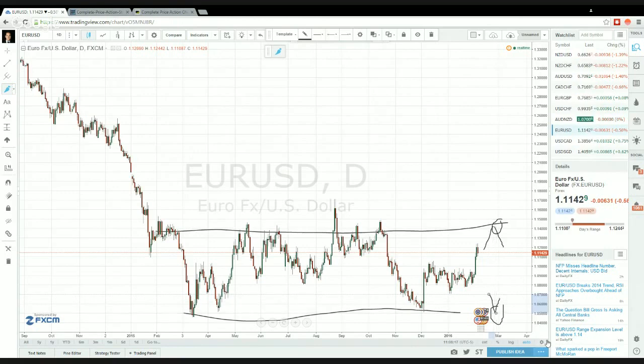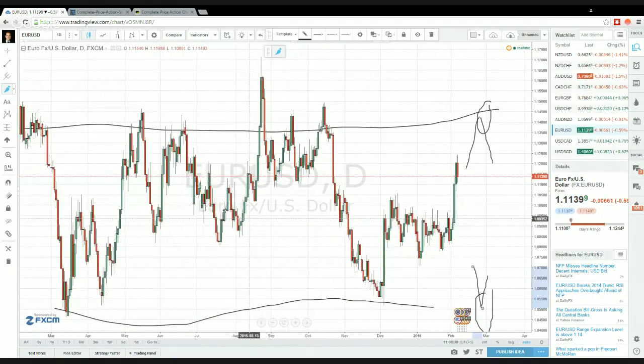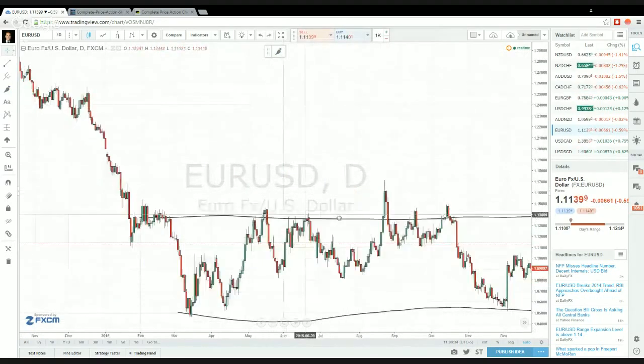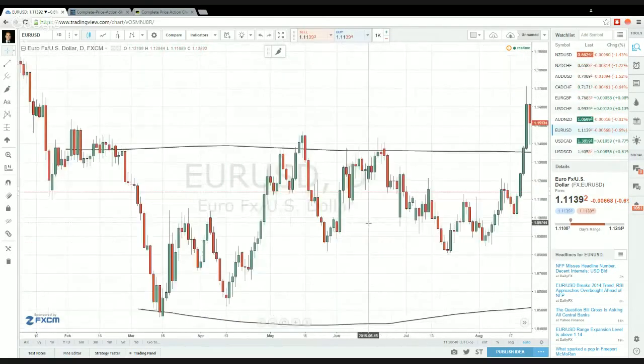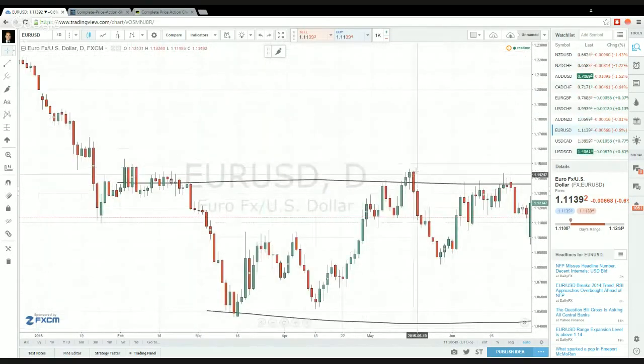The thing I would wait for is an engulfing candle or something significant at these zones to enter the market. That's one of the main ways I'm trading. So we'll just go back, because I want to show you what I would be looking for. Right here. Well, not exactly, but as you can see here, this is an engulfing pattern.